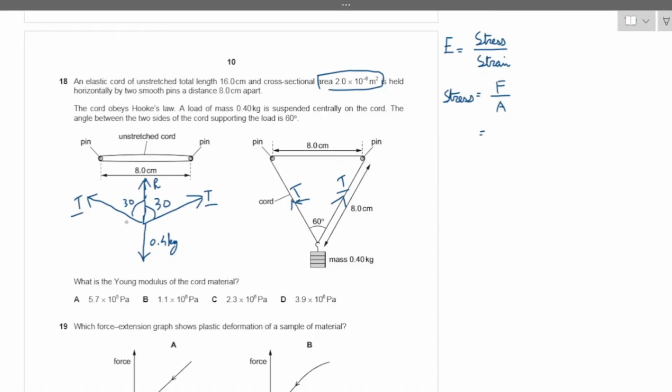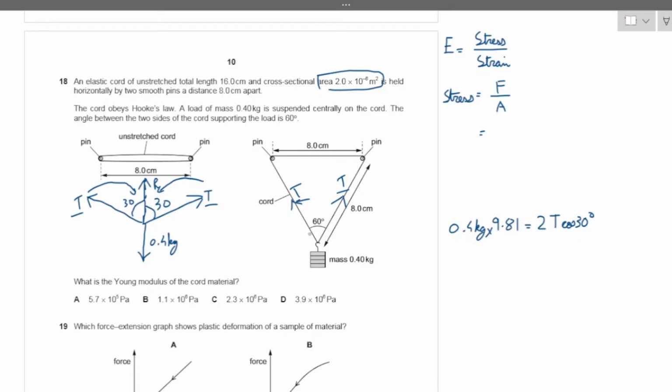If you simplify it into its component vectors, that would be 0.4 kg times 9.81 is equal to 2T cos 30. Why did I take 2T cos 30? Because one of its horizontal components goes here and one goes here. Both of them act along the same vertical line.